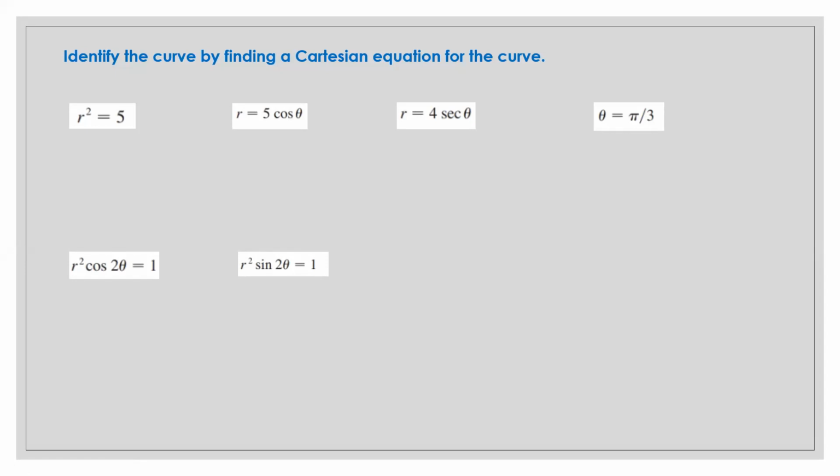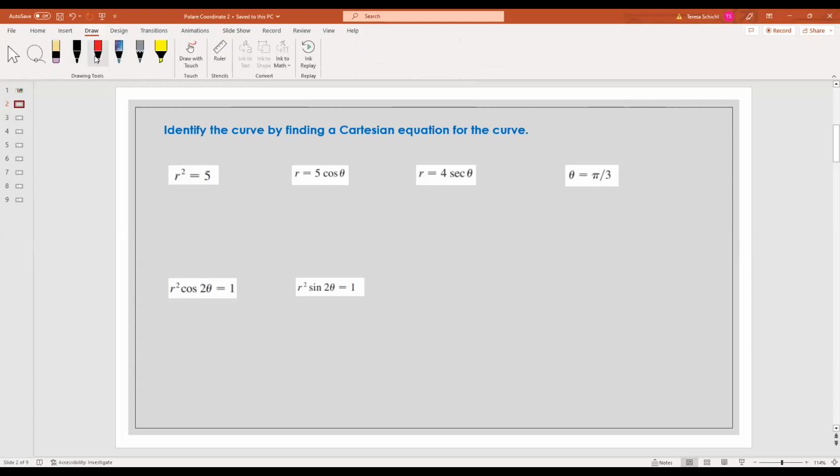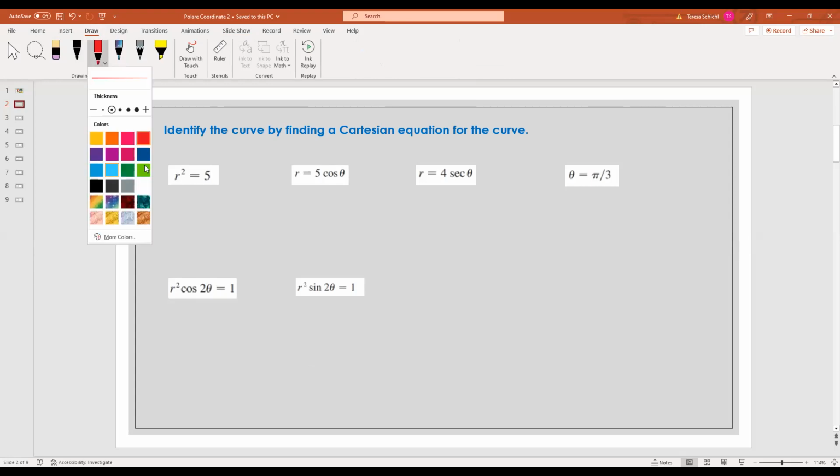So let's get started and take a look at those six polar equations to see what type of curve is represented. The first one is r squared equal to 5.